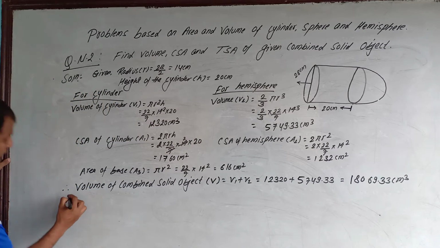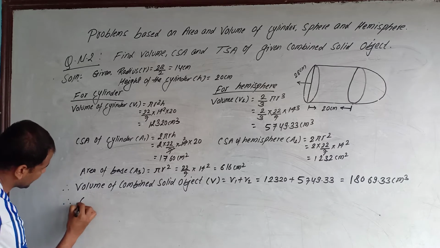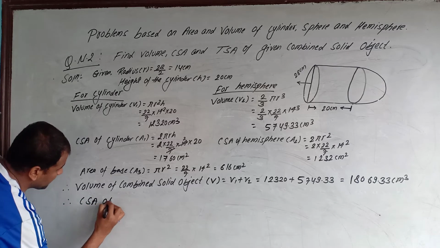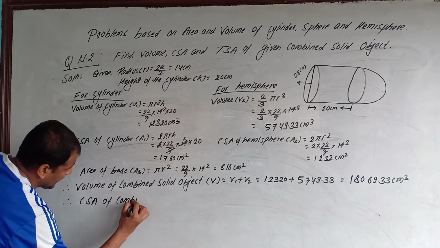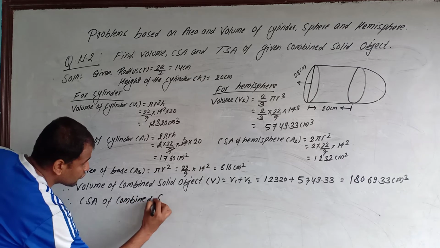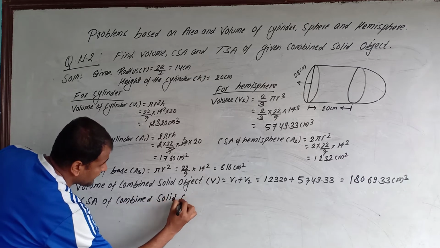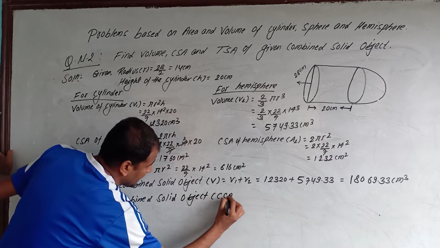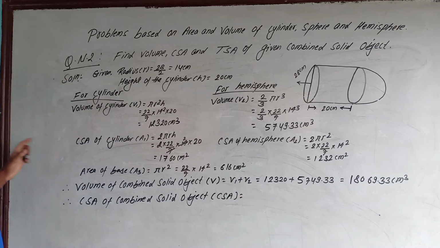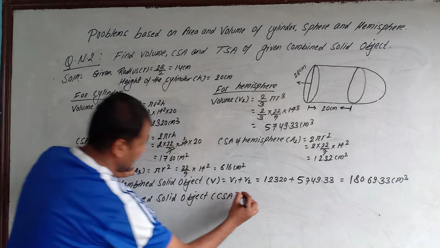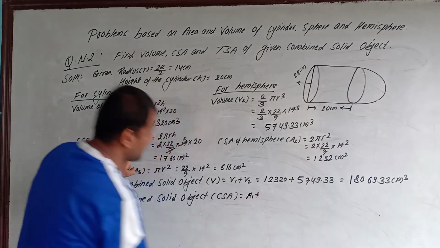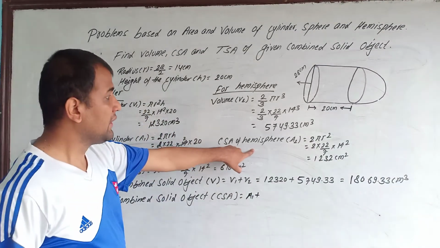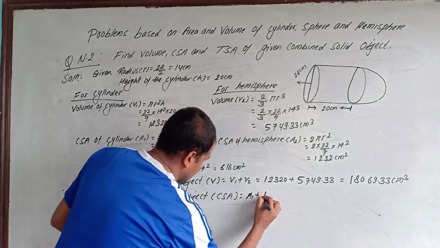Similarly, CSA, curved surface area of combined solid object. CSA is equal to curved surface area of cylinder, that is A1, plus curved surface area of hemisphere, that is A2.